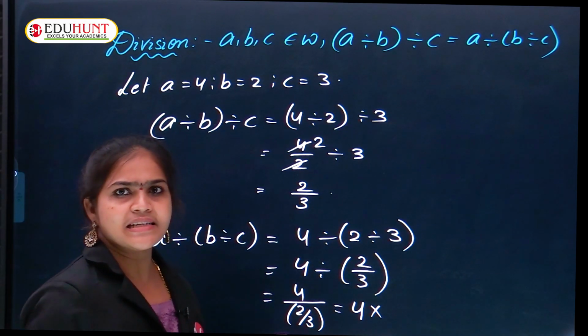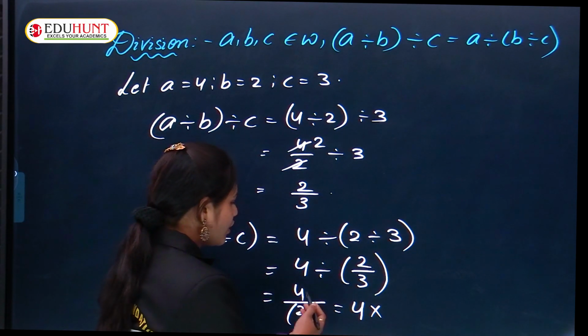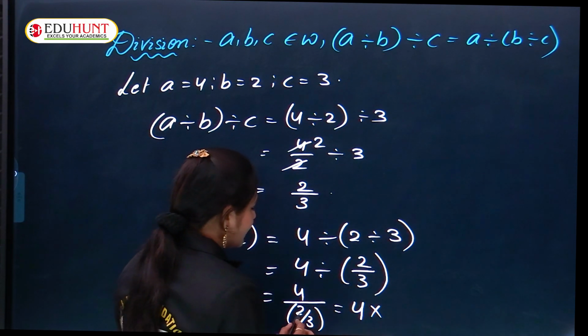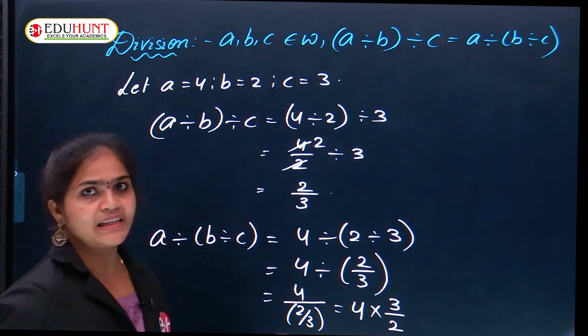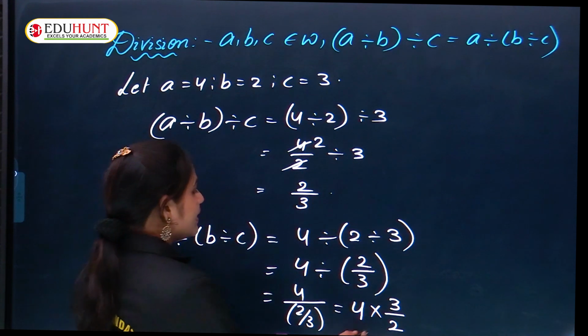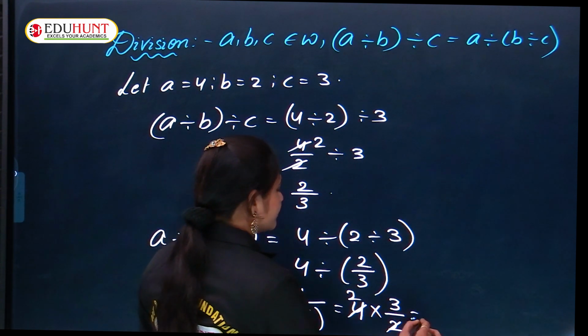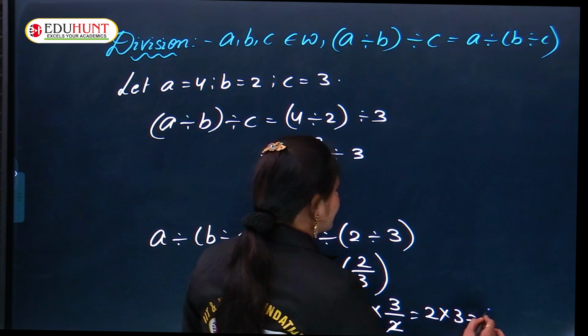In the primary classes also you learnt about division of a number by a fraction. That division becomes multiplication and the fraction becomes its reciprocal. 2 by 3 becomes 3 by 2. Then here 2 2s are 4. Then 2 into 3 is equal to 6.